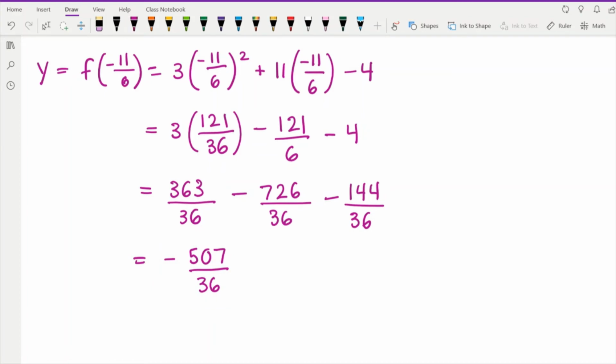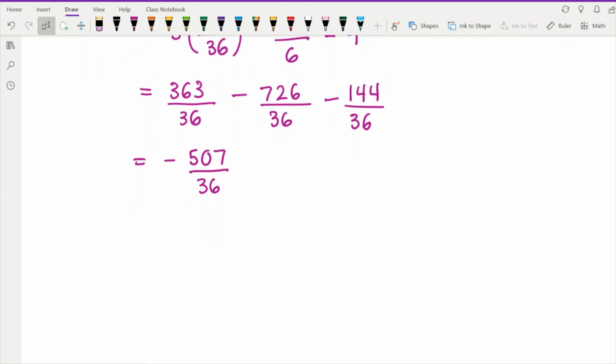Like I said, I want you to be able to write this as a fraction, but we also want to be able to get a decimal approximation so we can actually graph it. There's a value to both things. The value of the fraction is that it's an exact number. It tells you exactly what that value is. And the value of the decimal approximation is that it gives you an idea of where to put that point. So this is the exact point.